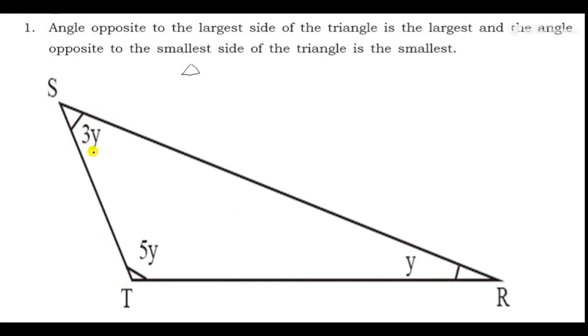In this it is 3y, it is 5y, it is y. So that is the smallest angle. This angle is the smallest angle, so that side is the smallest side.